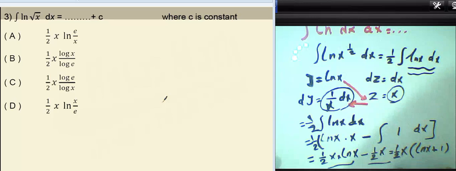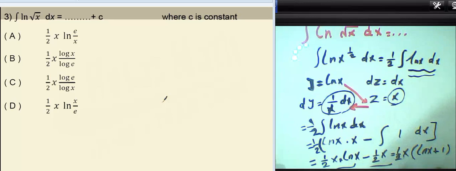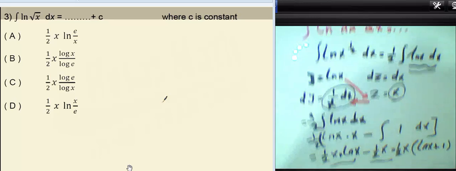But we can find this result in the choices here, so you can write 1 here equal to what? Write 1 as ln e. We can write 1 here as ln e, and then we can divide them.